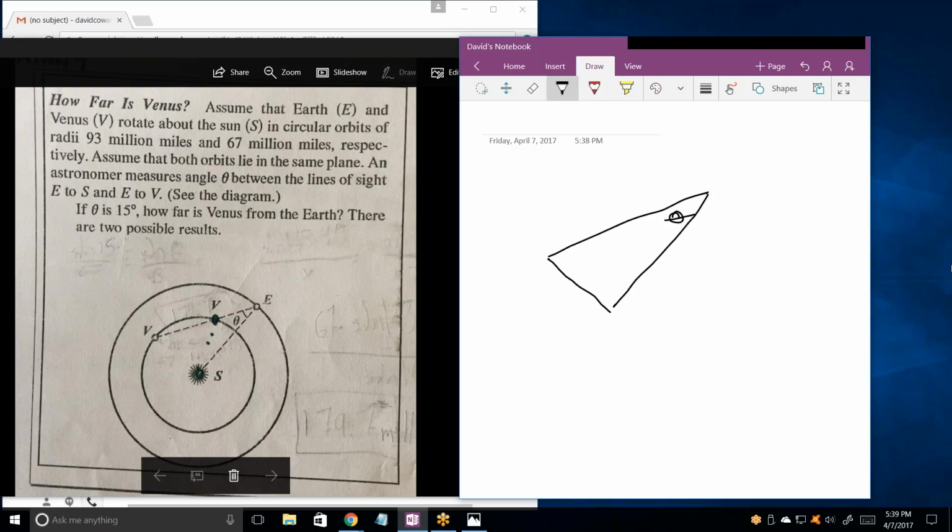And let's see. So the Earth's radius is 93. And Venus's radius is 67. You get those two numbers? Yeah.